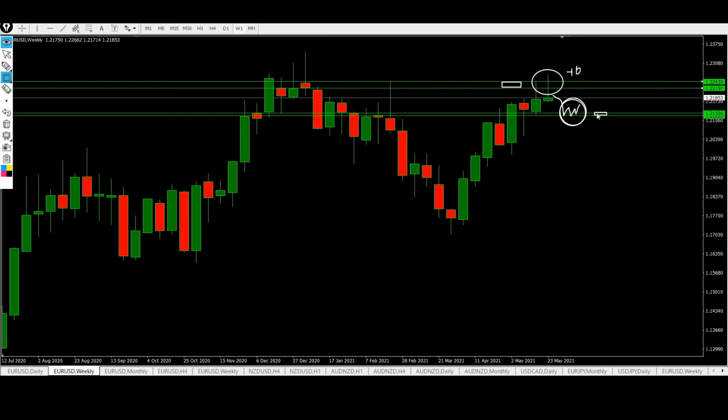Seeing that this weekly gap is smaller than this monthly gap at this level right here, and since this smaller gap is made on the weekly time frame, which is innately weaker than the monthly time frame's gap, we're only going to give a future long strength to this weekly pivot of +2.